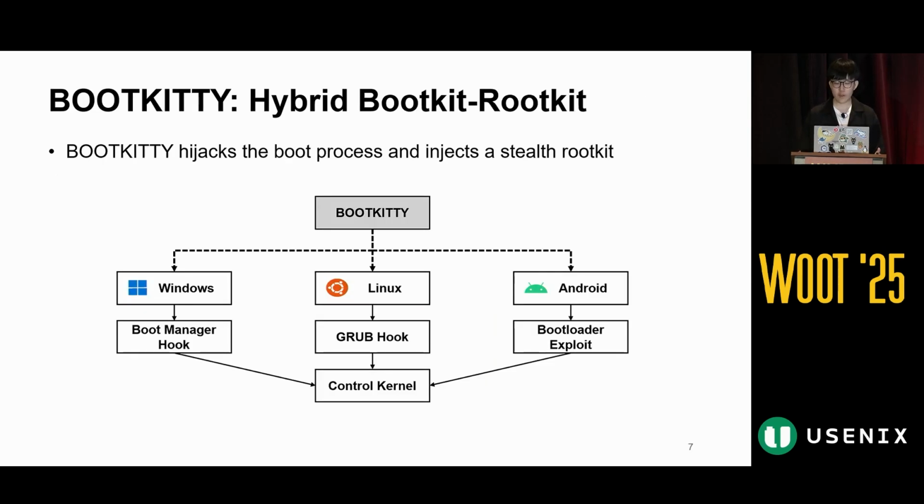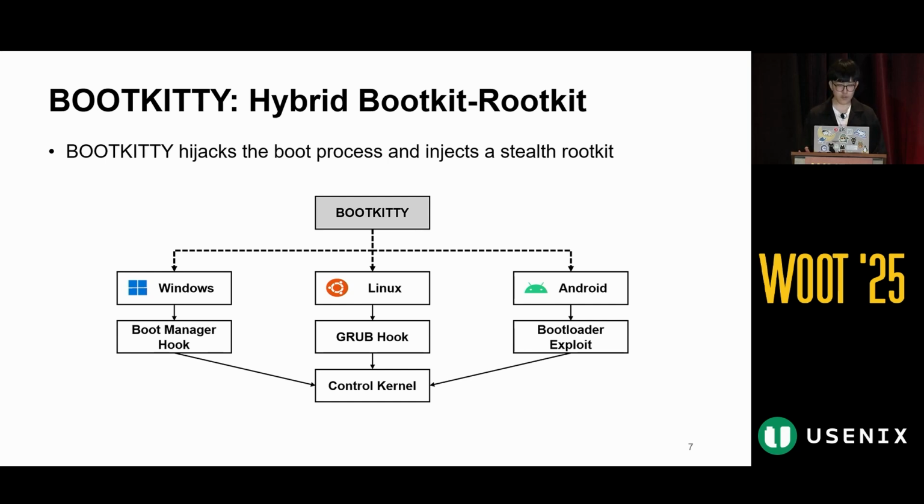Therefore, we developed Bootkitty, a hybrid Bootkit-Rootkit that runs on Windows, Linux, and Android, by exploiting these vulnerabilities. Bootkitty hooks the bootloader and kernel to gain control early in the boot process. It's built with environment-specific modules that account for each operating system's architectural differences.